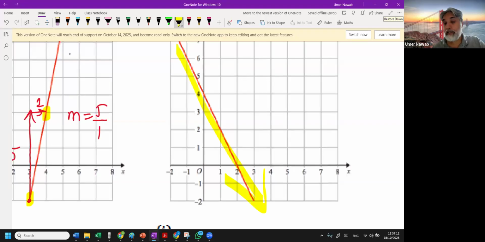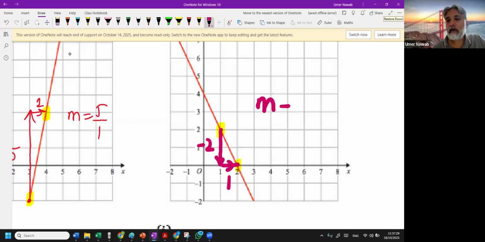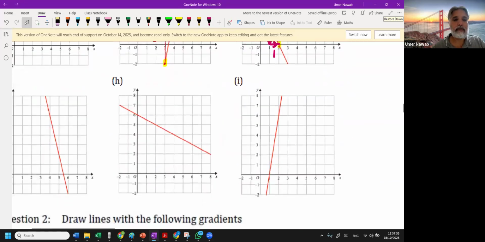When the line is going down, it's a negative slope or negative gradient. Okay, what are the 2 points I want to select? They must be the corners. So this and this. So let me do that. 2 down and 1 right. So my gradient is minus 2 over 1 or just negative 2. Next.